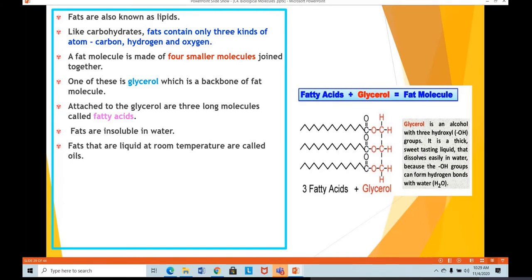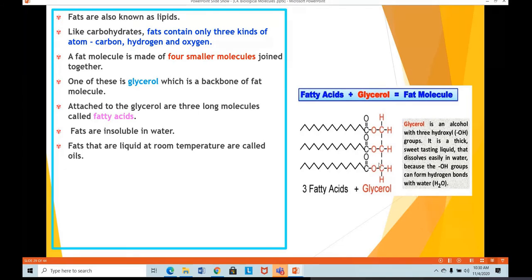When we break down one fat molecule, what does it consist of? Glycerol. And fatty acids. Excellent. Each fat molecule is made up of 3 fatty acids and glycerol, as you can see in this picture.